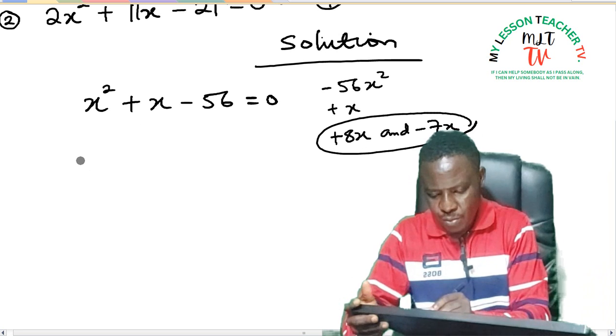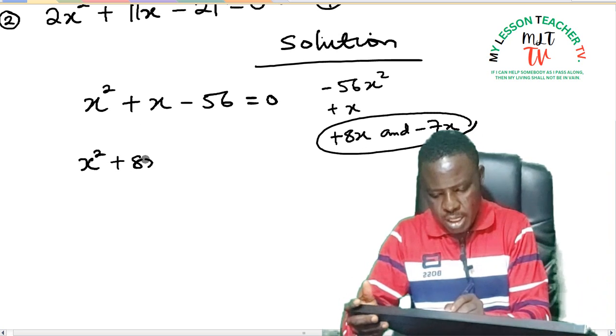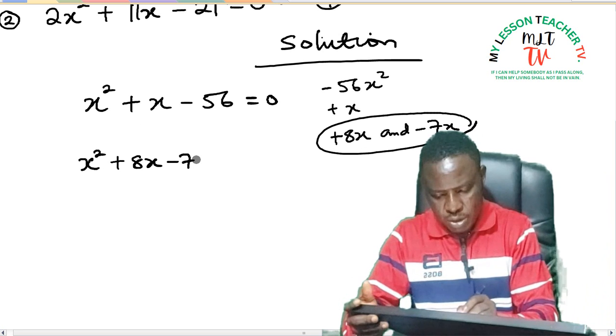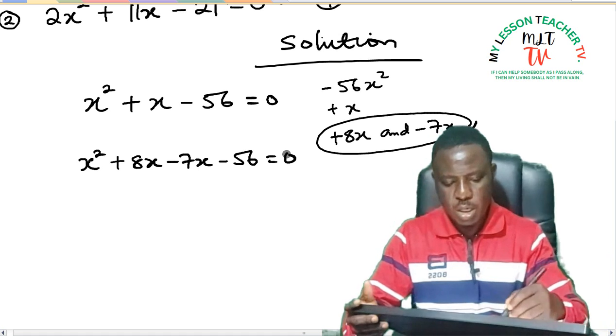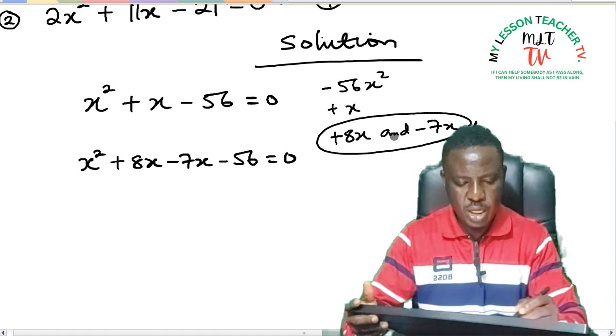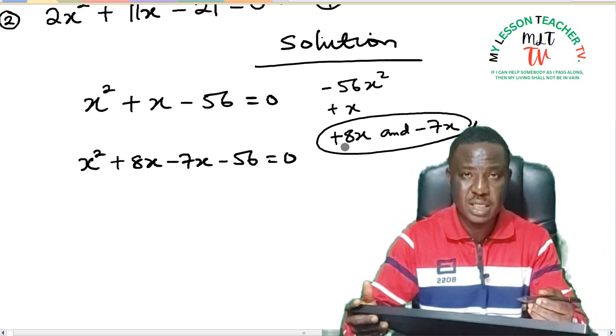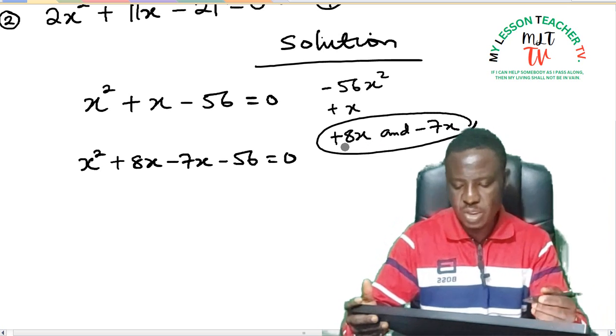So we are going to substitute them with the middle term. You have x squared plus 8x minus 7x minus 56 is equal to 0. Now the thing is, when substituting, you may choose to use minus 7x before plus 8x. You will still arrive at the same answer.